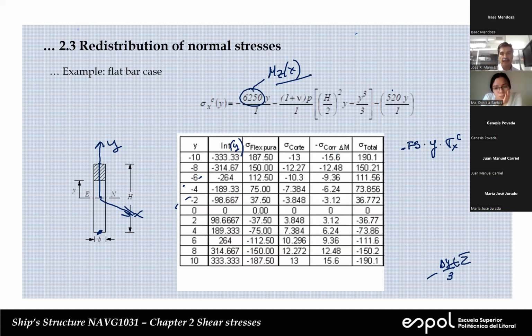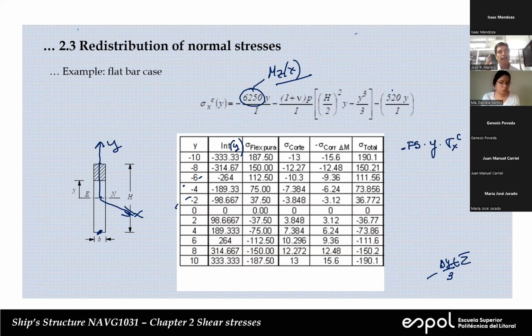So we have to be careful with that. Then we have this function, the integration. Then we go flexure, pure bending, that's minus My over I. So that's a straight line. The second one is the correction. In that case, we use the integral that we have in the second column.